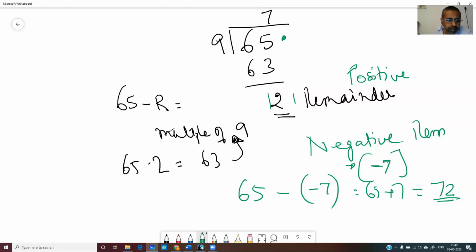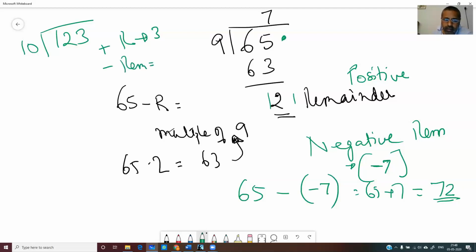For example, let's take a number like 123 divided by, let's say, 10. I'm dividing by 10. What is the positive remainder? The remainder I know is 3, which means if I subtract 3 from this, I get 120. What is the negative remainder?